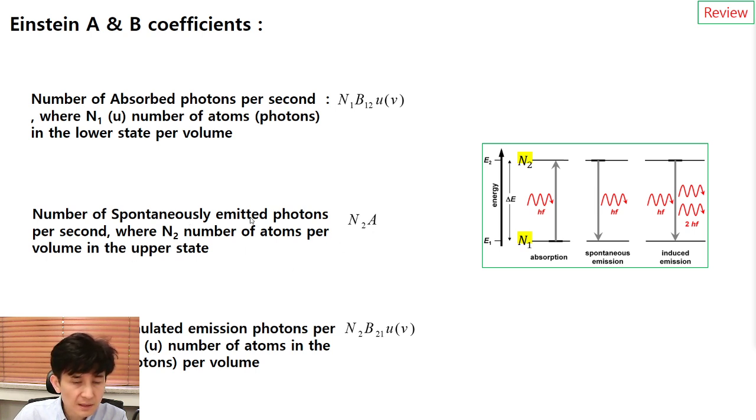The spontaneously emitted photons are proportional to n2 times A, and the number of stimulated emission photons per second is n2 times B times u.